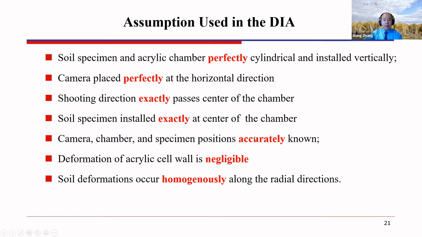The positions of the camera, chamber, and soil specimen are accurately known, and the deformation of the acrylic cell is negligible, which is not possible, right? And the soil specimen deformation occurs homogeneously along the radial direction. So all these assumptions are very difficult, if not impossible, to achieve. As a result, the method will not be very accurate.